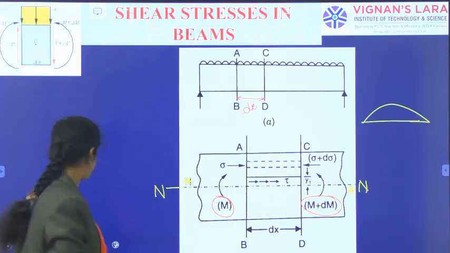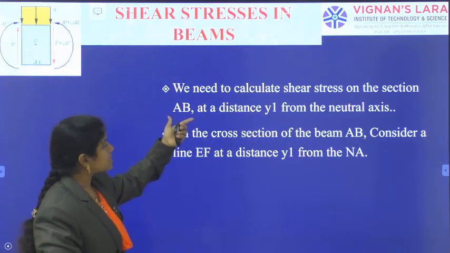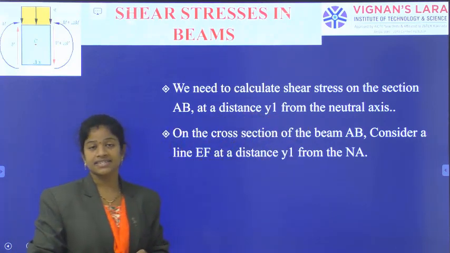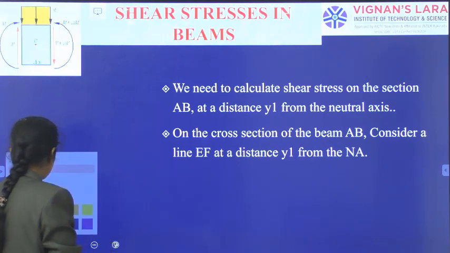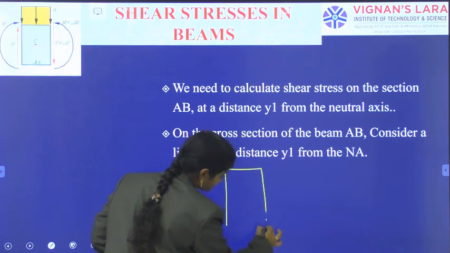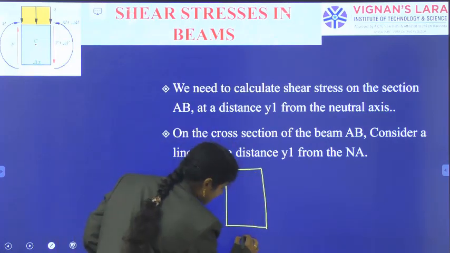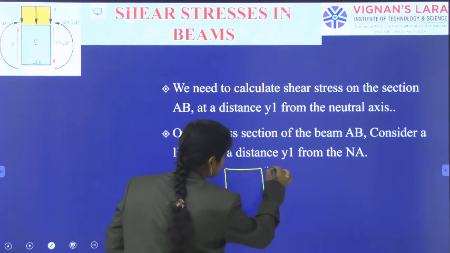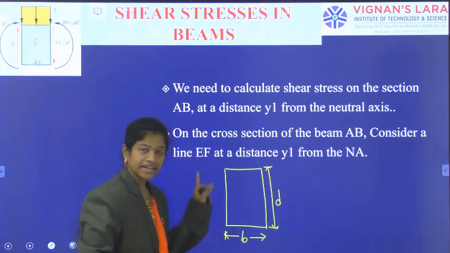And the next thing, we need to calculate shear stress on the section AB at a distance y1 from the neutral axis. Okay, so on the section AB, then we should have to generate the section diagram. This one is section AB and having a width B and the depth D. What it is indicating?